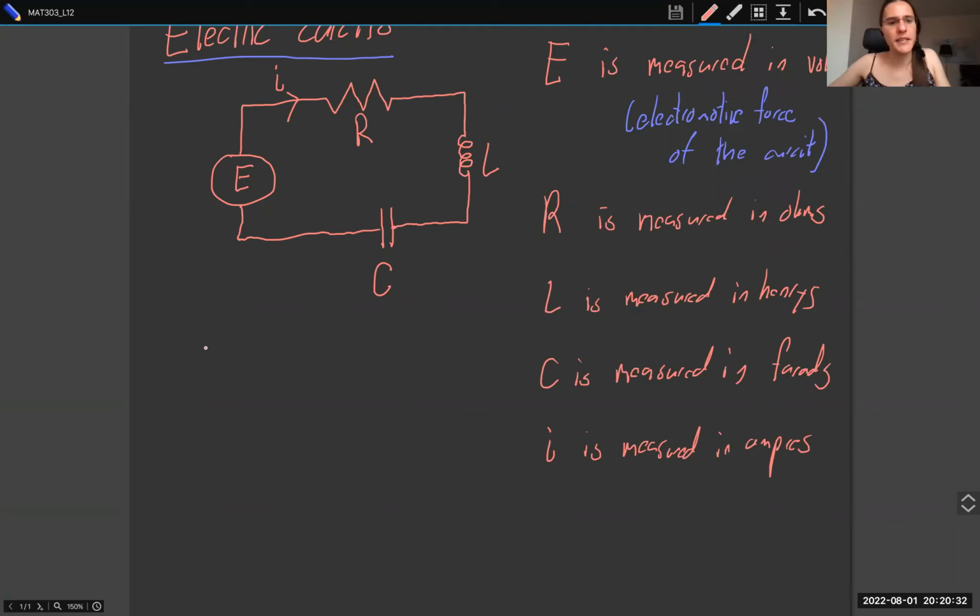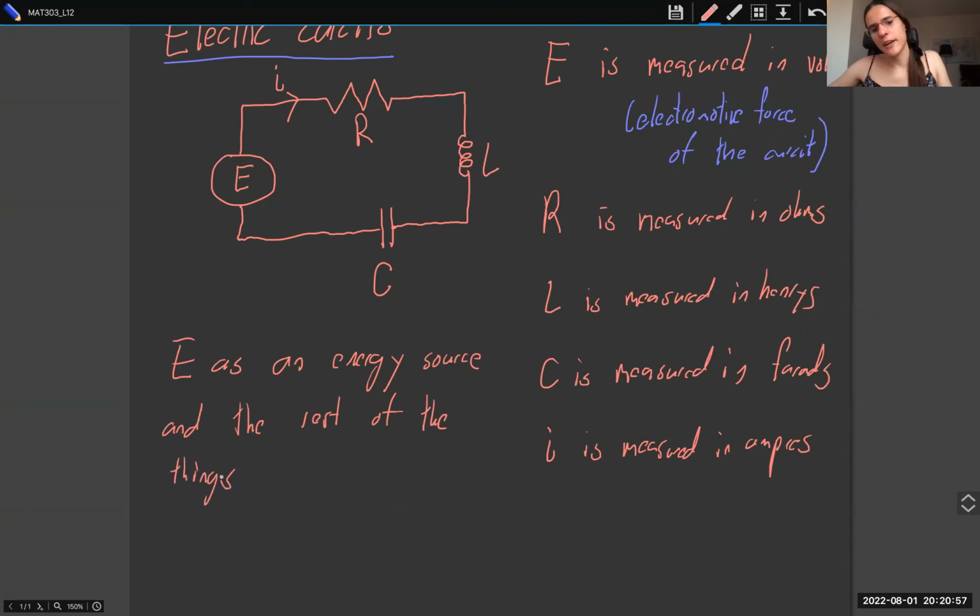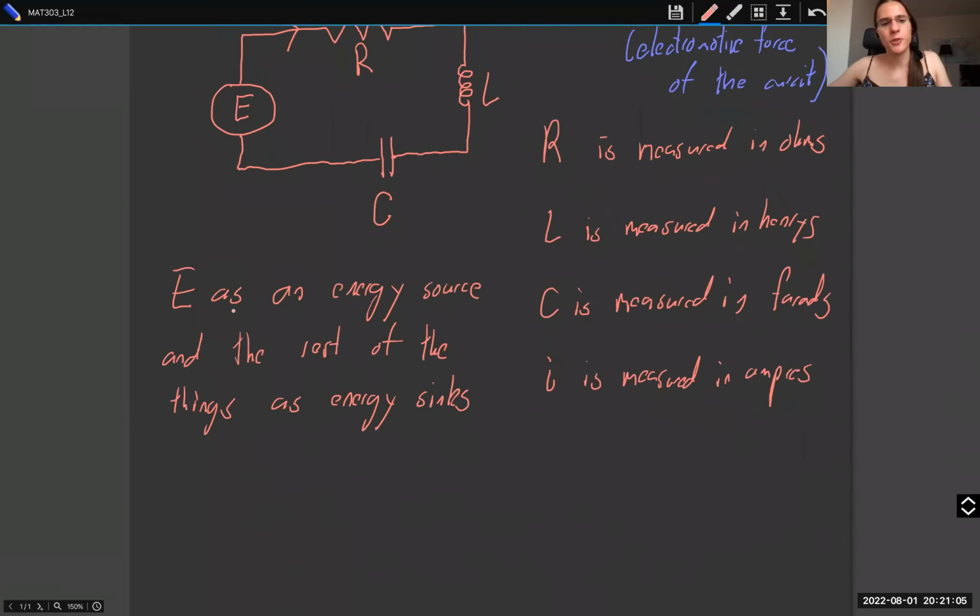So you can think of E as an energy source, and the rest of the components as energy sinks, measured by the voltage drop across the components.